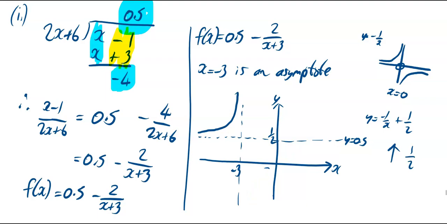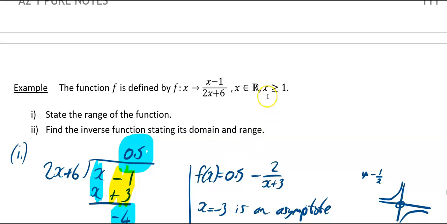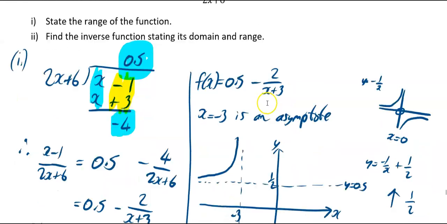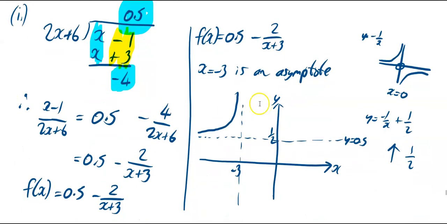So to find out where that is, we're just going to find out where it crosses. In fact, what we can do is look back at this and put in x equals 1 into this thing and see what happens when x equals 1, because this is defined from x equals 1, so x equals 1 and above. So that would be a sensible value for us to put in.